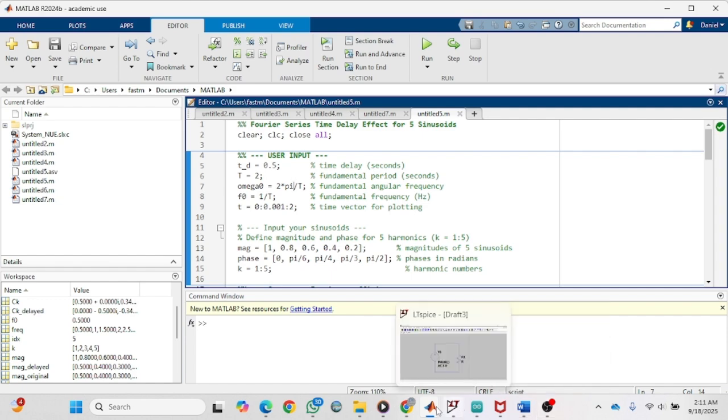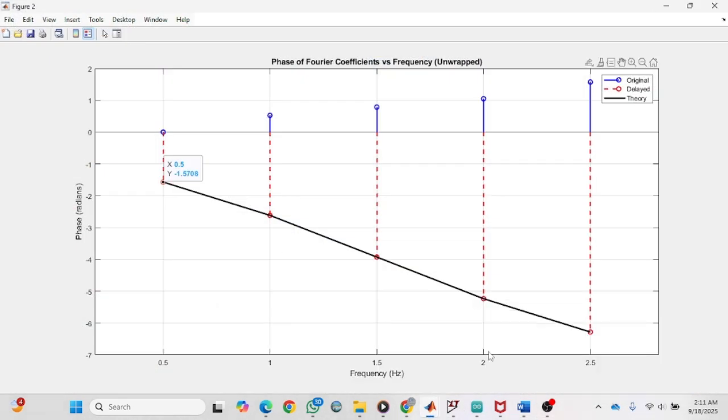Then we go back to your phase spectrum, and you should get that value right here.